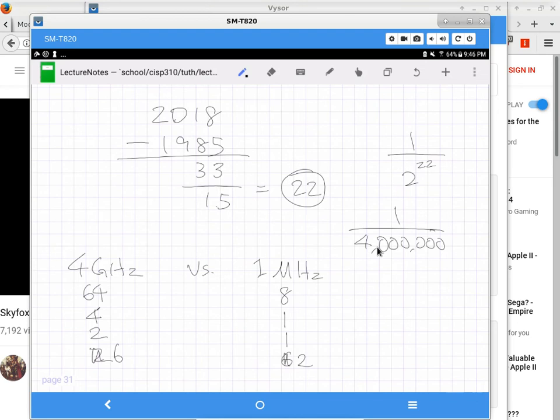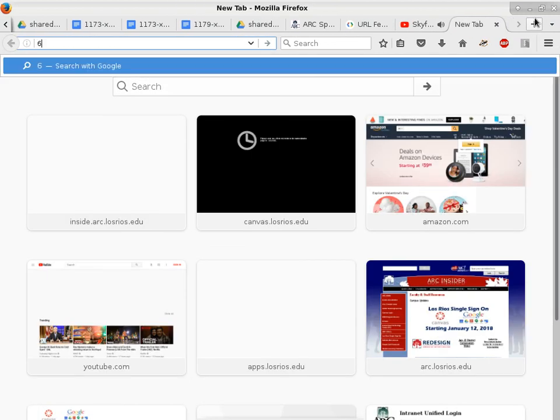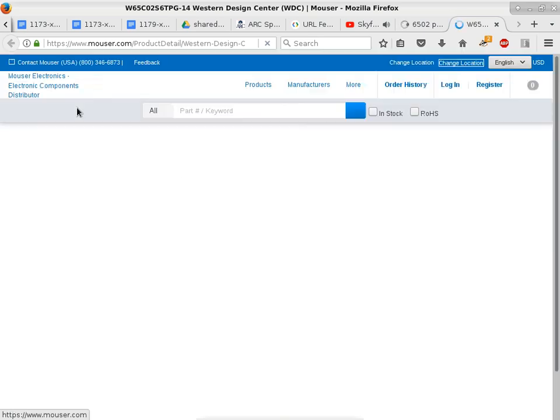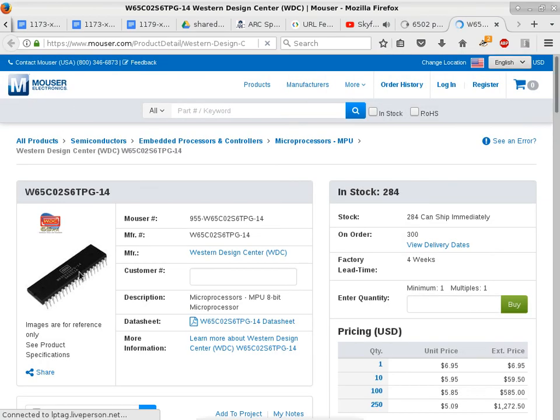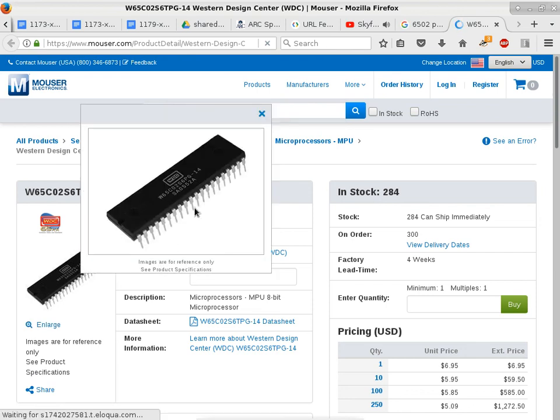So the 6502 processor, okay, let me show you a picture of the actual 6502 processor. It's actually pretty big. If you look, this is a picture of the chip itself, and the pins are spaced out at 100 mil between the pins.